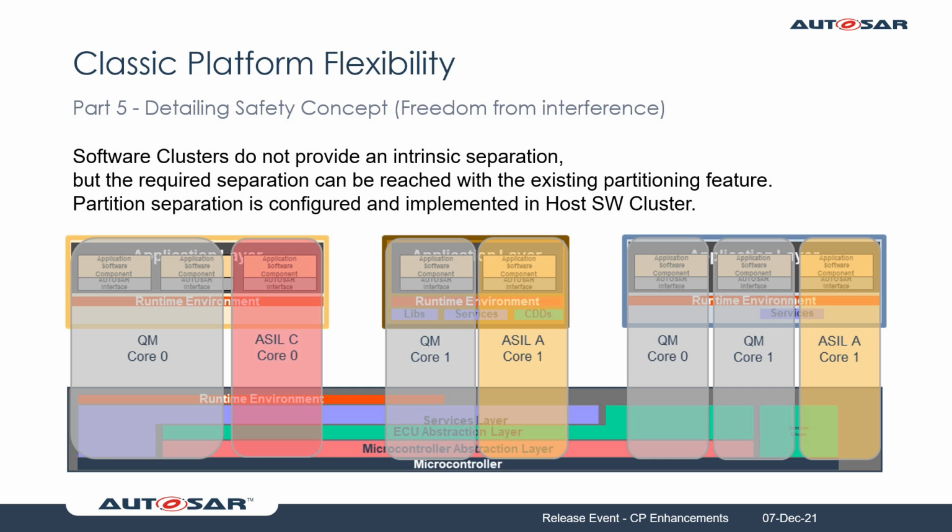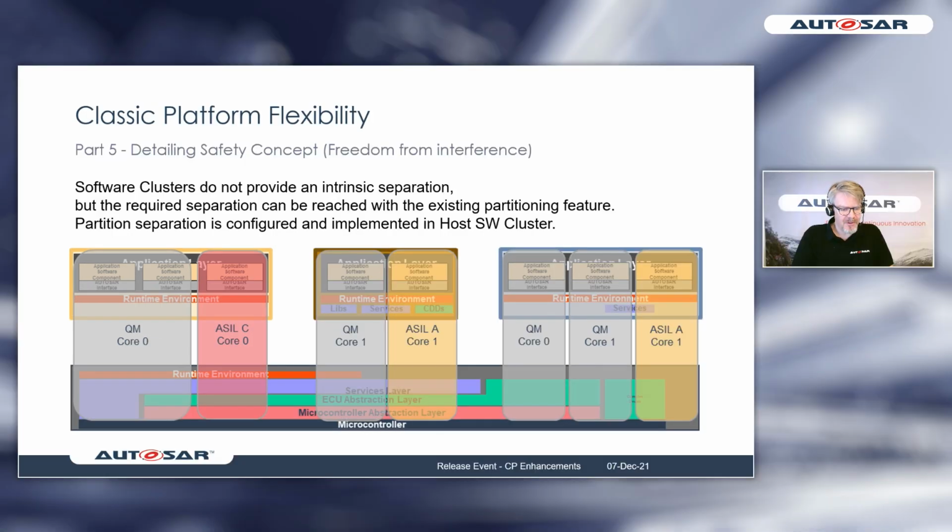But we realized that the existing partitioning feature of the host platform can be used for this separation. So in that sense, it's even possible to have multiple partitions in one software cluster, one for QM and one for ASIL, for example, or different ASIL possibilities.